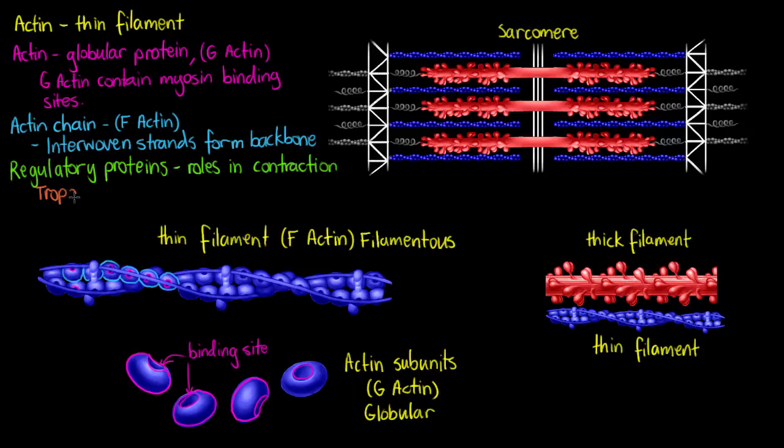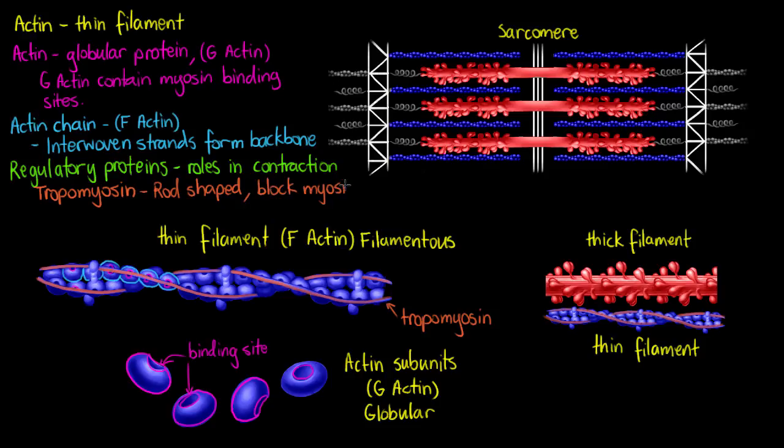The first of the regulatory proteins is something called tropomyosin. Now tropomyosin I've just highlighted here on the thin filaments in orange. So that's our tropomyosin here. And we can see them winding around the thin filament, covering all of the active sites on our actin. Now it's a rod-shaped protein, and as I just said, it's going to block the myosin binding sites.